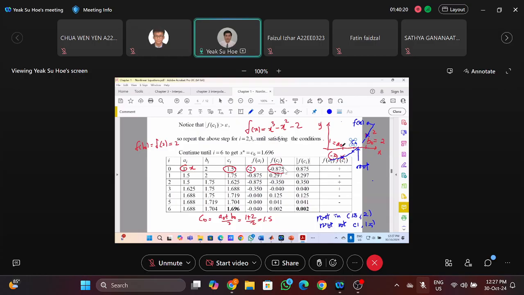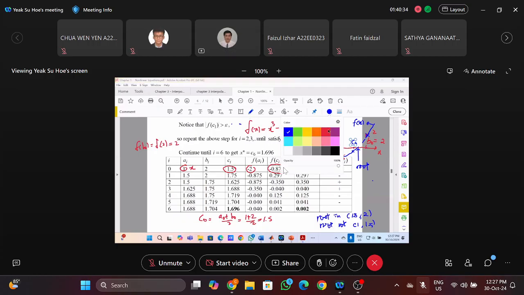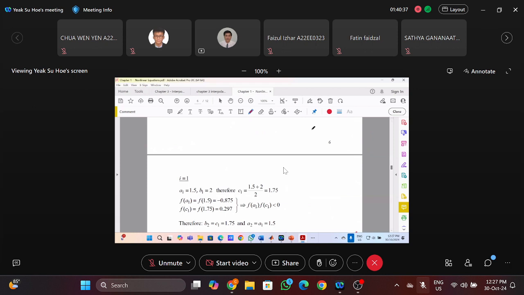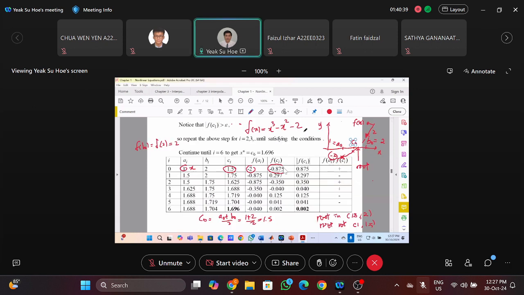Because why? Because this is 1, this is 1.5, this is 2. So where is the root? Your root must be here. So this one, we go to our second iteration. So where is our second iteration? Our second iteration will be like this.